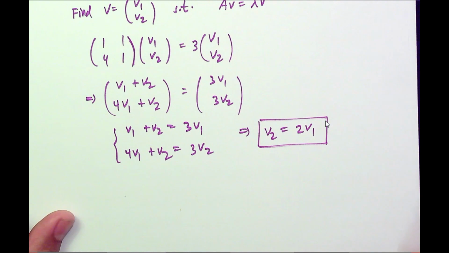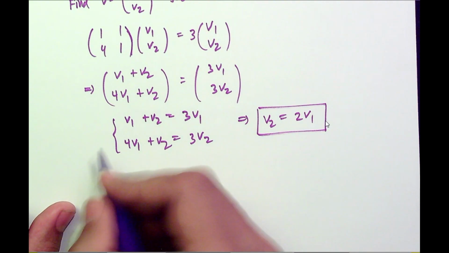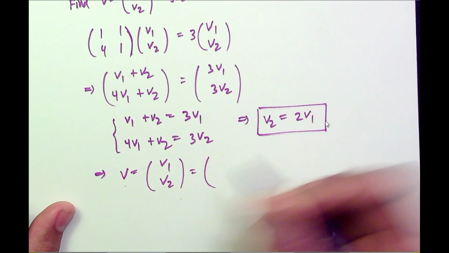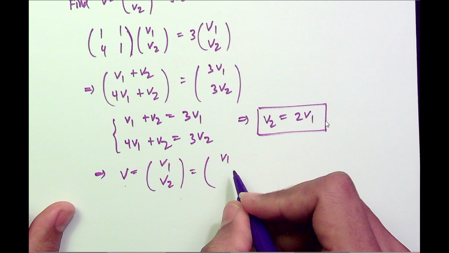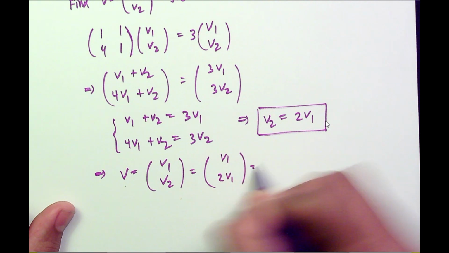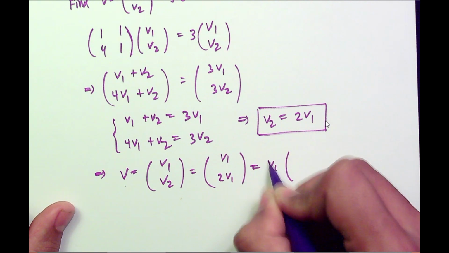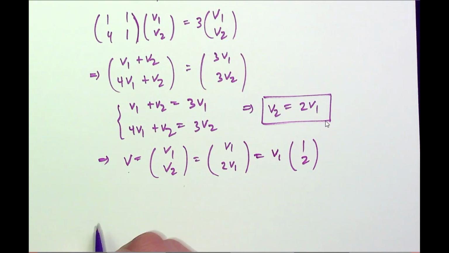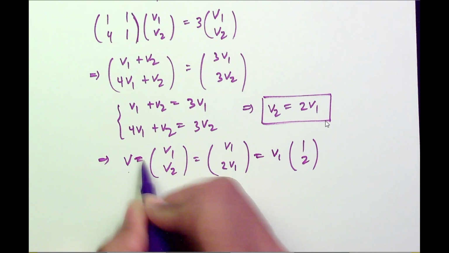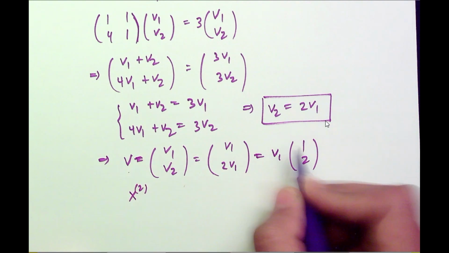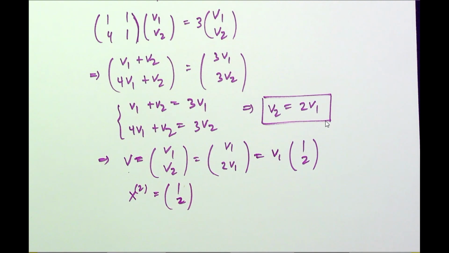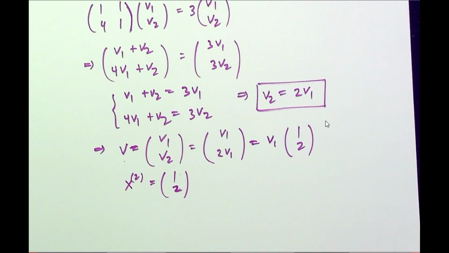And that is the relationship between V1 and V2. So that implies that V, which is V1, V2, with V2 equals 2V1, and factoring out the V1, you get 1, 2. So that means we can use this vector 1, 2 as the basic eigenvector. Okay, and now we're done.